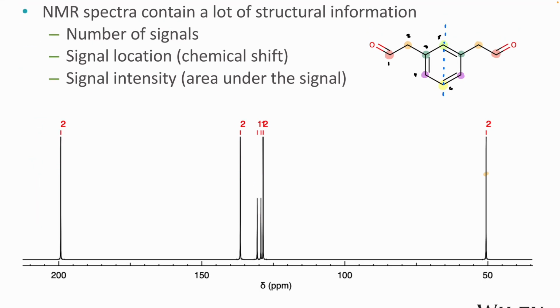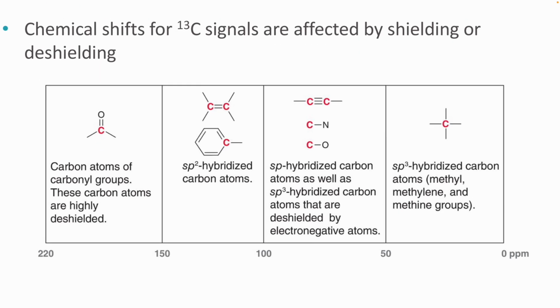So again, paying attention first to the number of groups and then to my integration. And now I can look at where these fall on my spectrum and try to get a little bit more information. What's clear is that this one all the way out here is going to correspond to those carbonyl carbons, right?